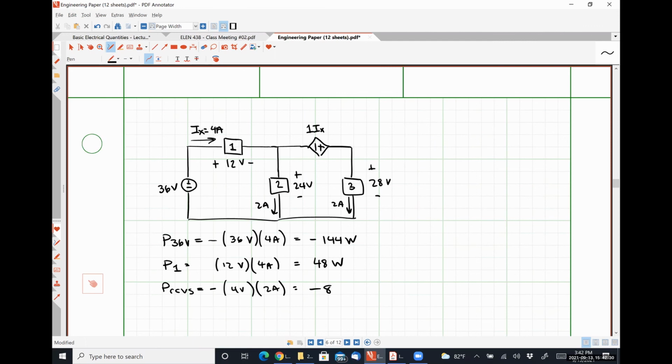The 2 amps flowing down through element 3 has to have flowed through the voltage source first in its path, right? So those two elements are connected in series. They have to be carrying the same amount of current. So that's where that 2 amps came from. We'll prove that statement in the next class meeting with a thing called Kirchhoff's current law.